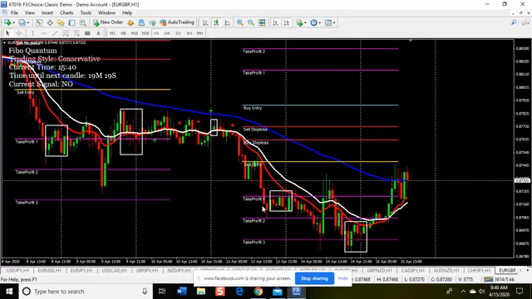The second confirmation, or whatever I should call it, is when the two faster moving averages, both the 13 and the 21, cross in that direction as well. But the problem is, if we wait for that to happen, we miss the trades. So we can't wait for that to happen.